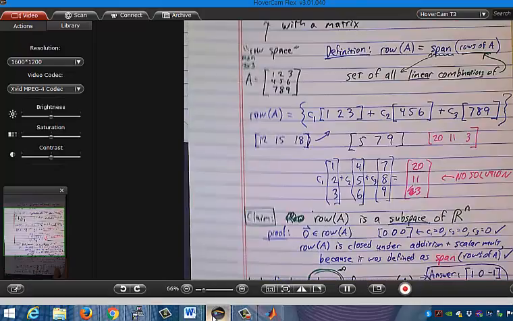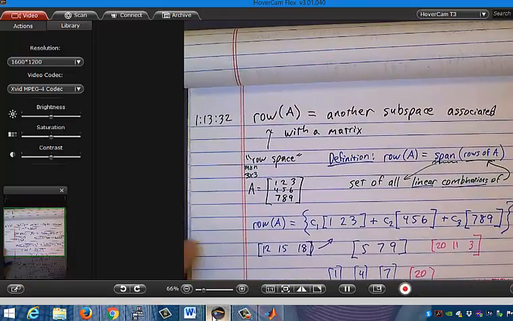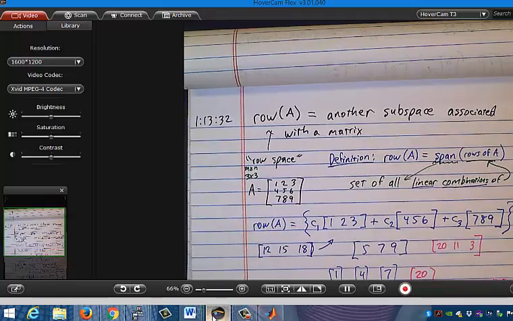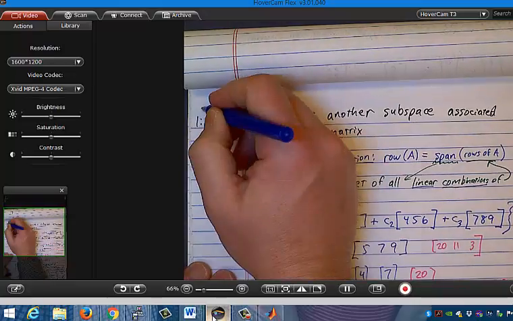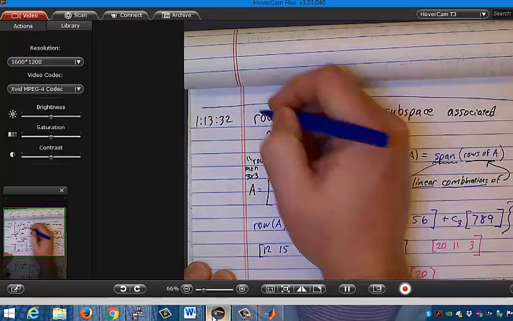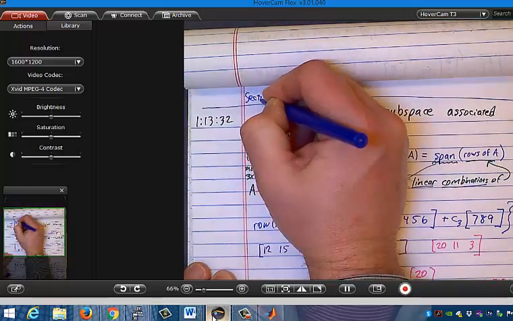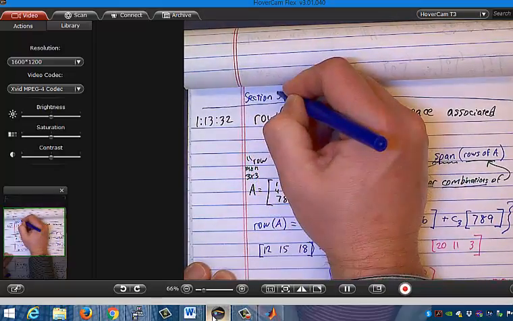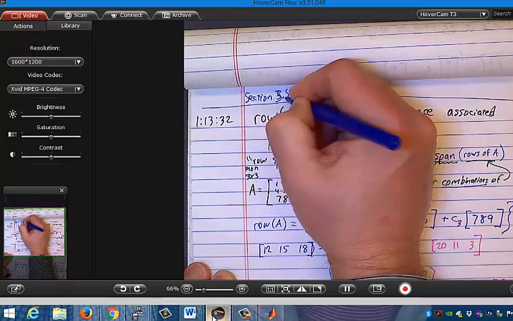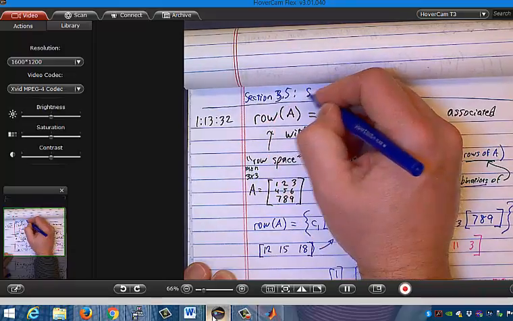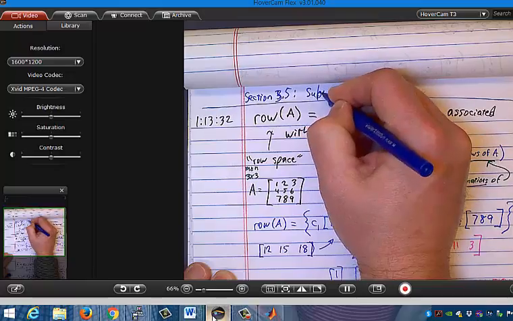So again, let me go back to what this section is all about. I think it's time now. Again, most important section in the entire book, section 3.5, is entitled Subspace.